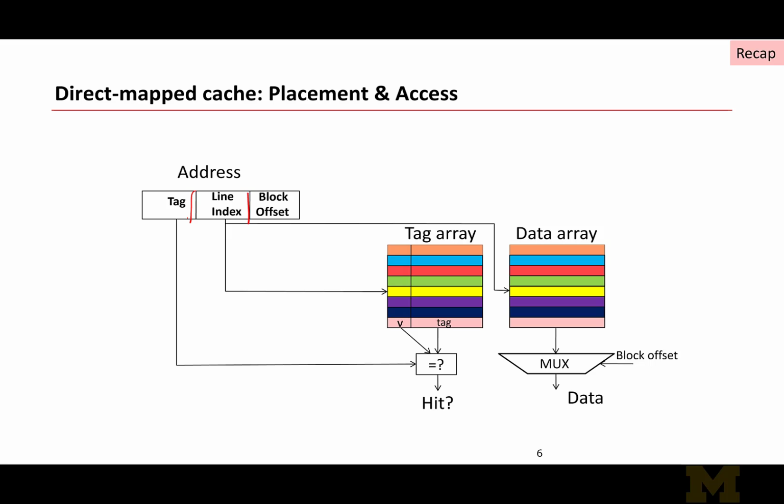Okay, let's look at the dynamics of how a direct mapped cache would work. So given an address, the cache would break it into 3 parts as opposed to 2 in the case of a fully associative cache. We now have this line index.